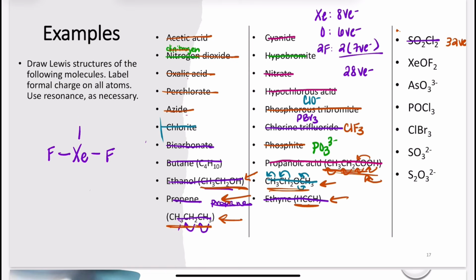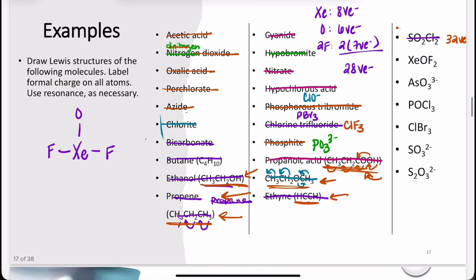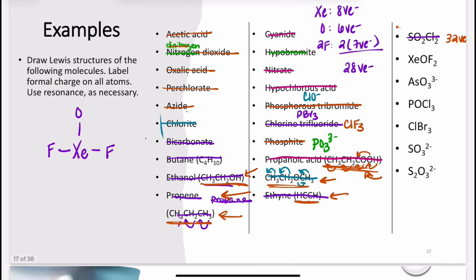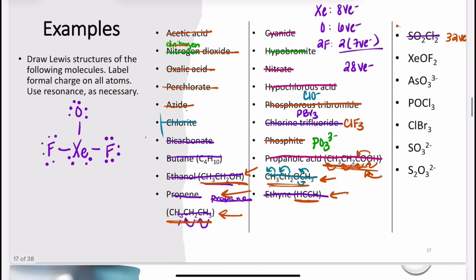Xenon in the center. Give your outer atoms their octet. Oops. I've used up 24. Or I've used up 2, 4, 6, 8, 10, 12, 14, 16, 18, 20, 22, 24. Yes. 24, 26, and 28 to the central atom.